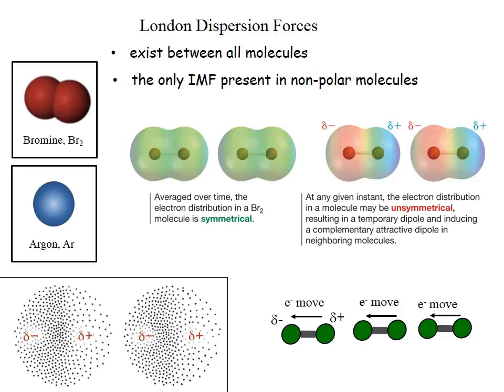This is another picture that shows a distribution of electrons with these little dots, and it's supposed to be showing how this temporary partial positive charge will generate a partial negative charge in an adjacent molecule.